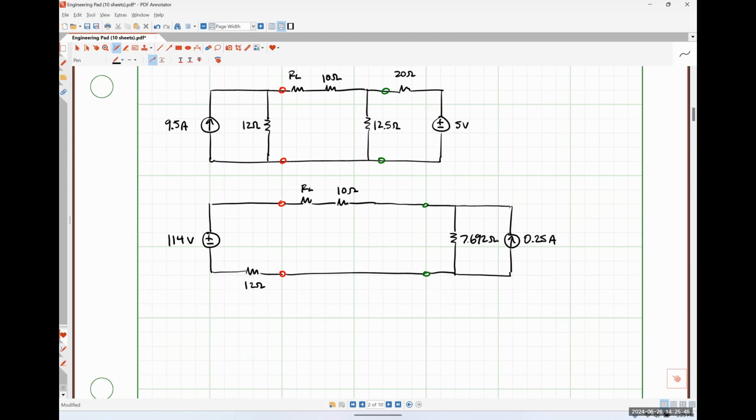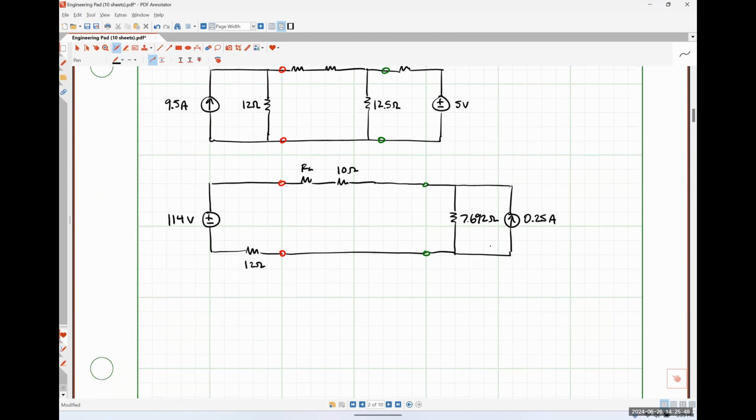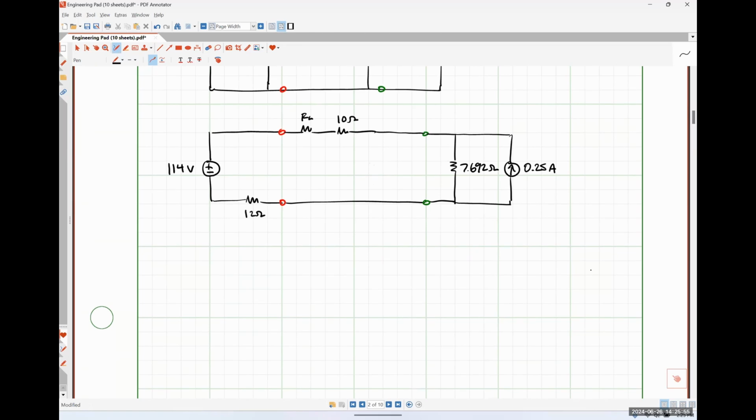ohms and some change. And now I am going to source transform my practical current source back into a practical voltage source. So my next redraw should look something like this.